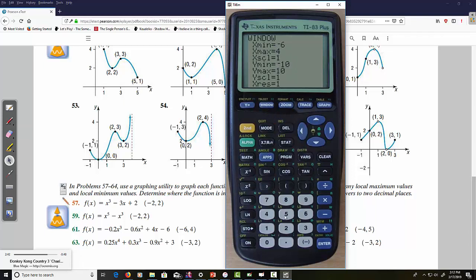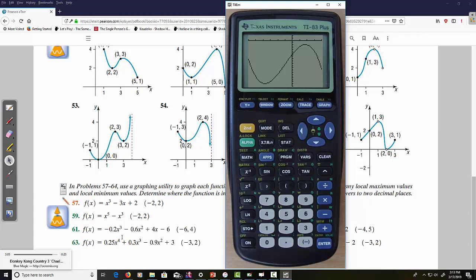So let's make our maximum a little bit smaller. Let's say 2. Make our minimum, let's say negative 20 and see if that's any better. Yeah, I got to see the minimum there. All right. Well, we can definitely see a minimum and a maximum value.